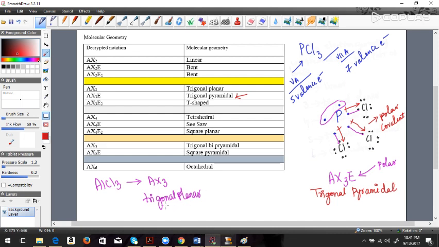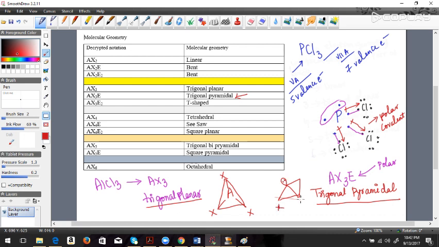So you can see the difference between AX3 being trigonal planar and AX3E being trigonal pyramidal. AX3 is like a pizza slice, because it's planar. It sits on the face of the table or a plate that you have your pizza in, because there's no lone pair. The moment you have that lone pair, the whole thing sticks out like a pyramid. I'm not very good at drawing pyramids, but that's what it looks like.